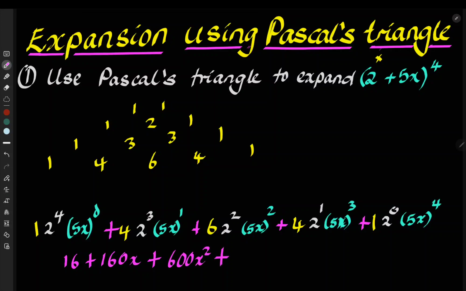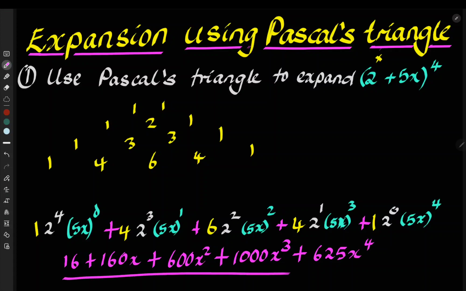Then plus 4 times 2 times 125, that will give you 1000x cubed. Then plus 5 to the power 4, in this case that will be 625, because 2 to the power 0 will just be 1. So that will be 625x to the power 4.